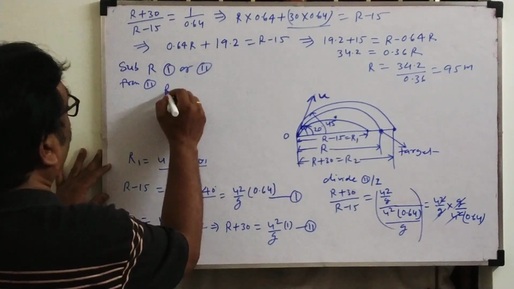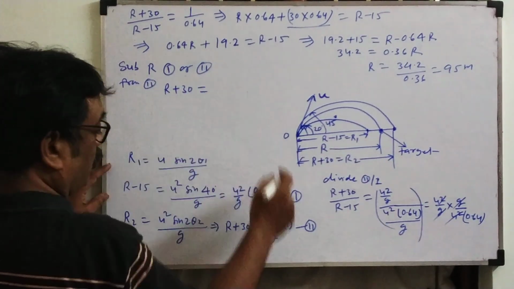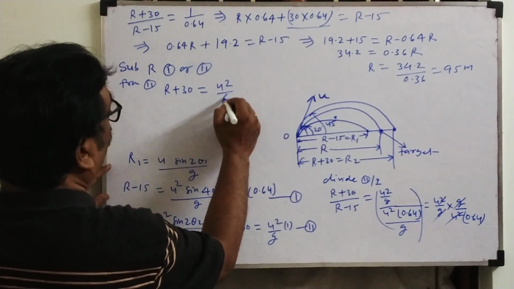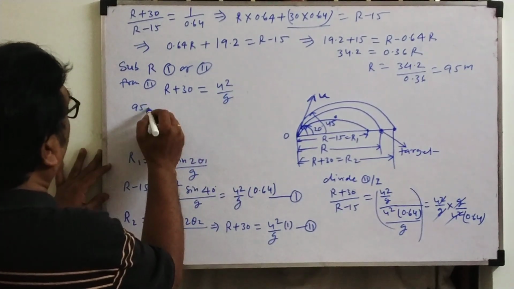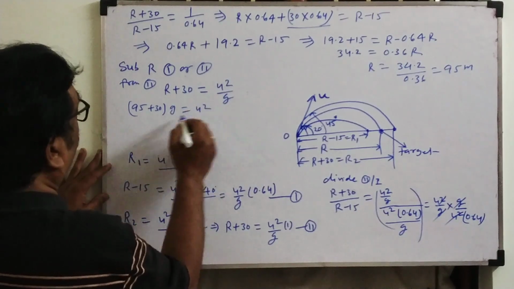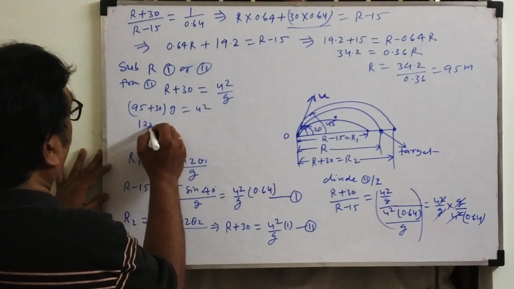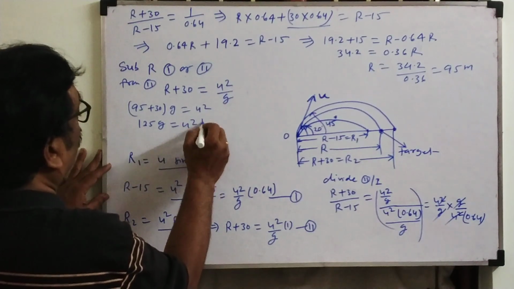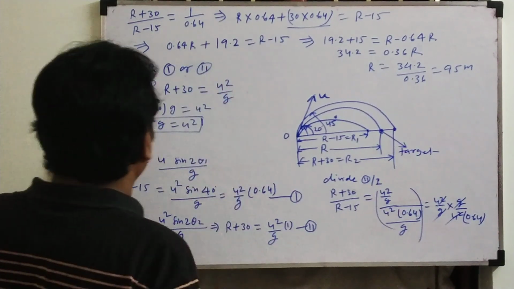So R plus 30 equal to U square by G, with R equal to 95 plus 30. So 125 G is equal to U square. So now I know U square.